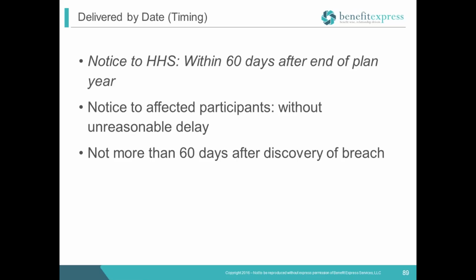And here, if it's less than 500, HHS must be notified within 60 days after the end of the plan year, with notice to affected employees not more than 60 days after the discovery of the breach. So you have to notify your employees quickly, but HHS within 60 days after the end of the plan year.